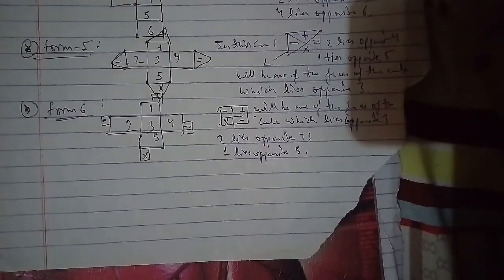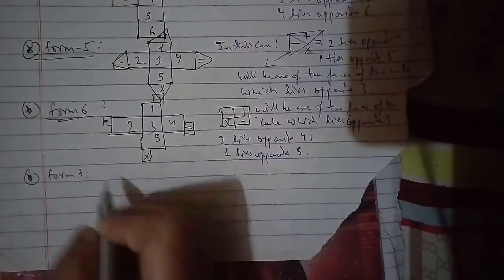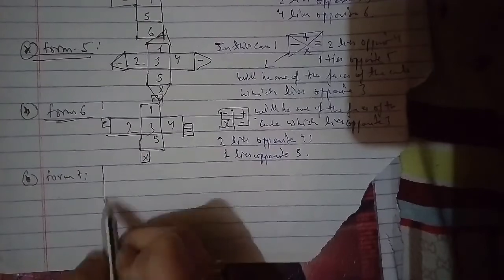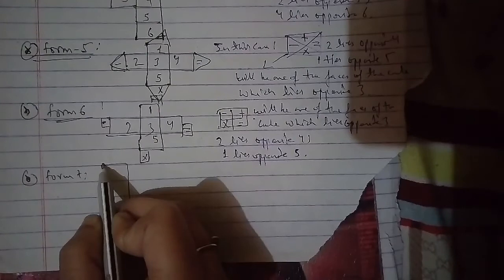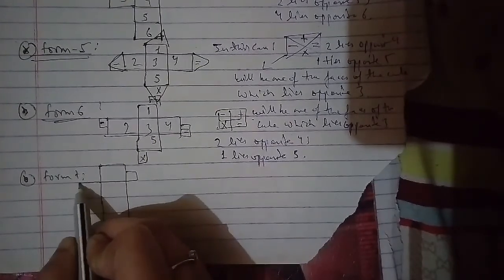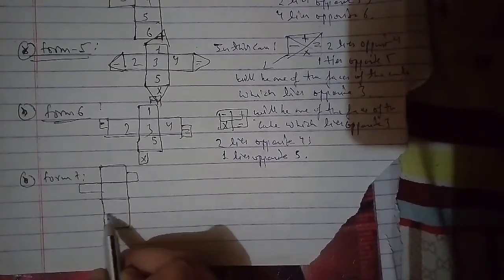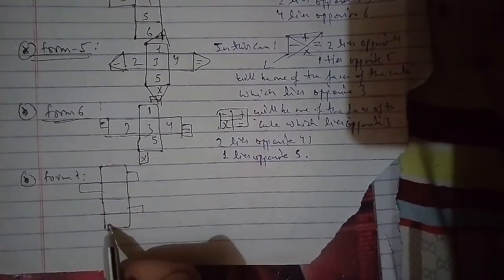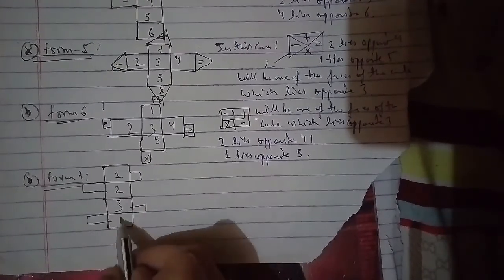To talk about form 7, we have to go ahead, which is represented in the form, this has been representing form 7, 1, 2, 3, 4.